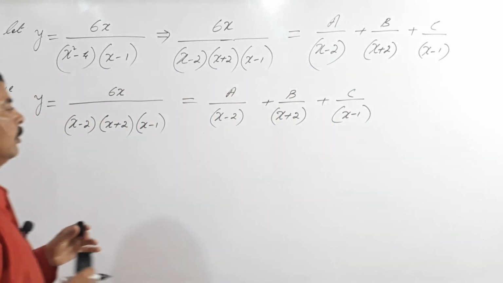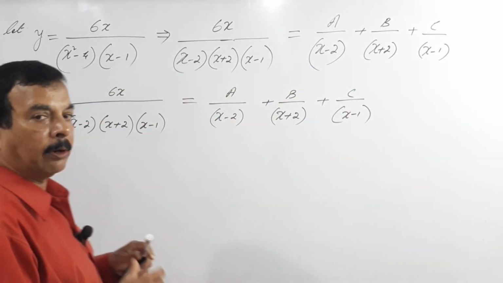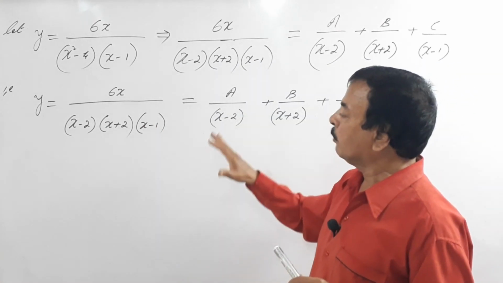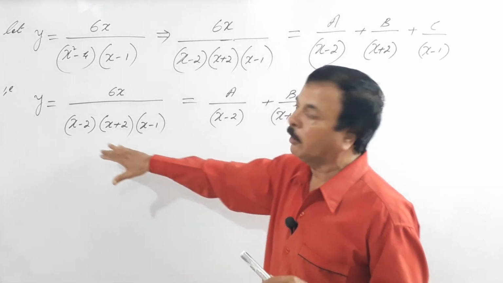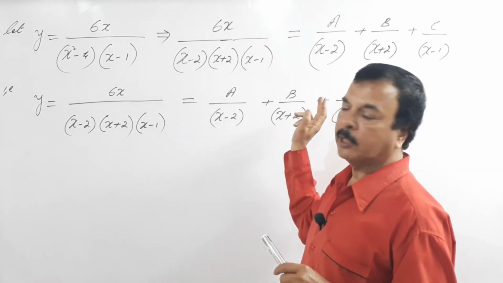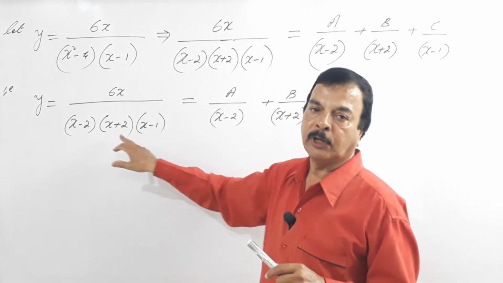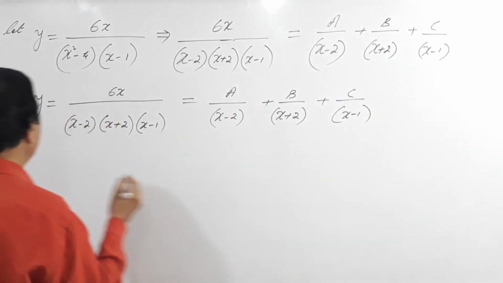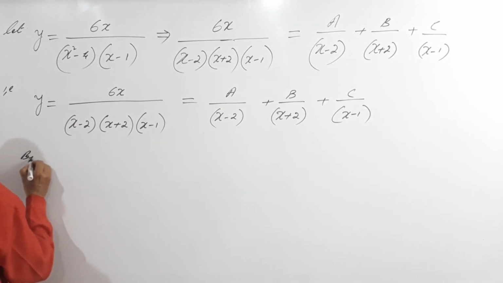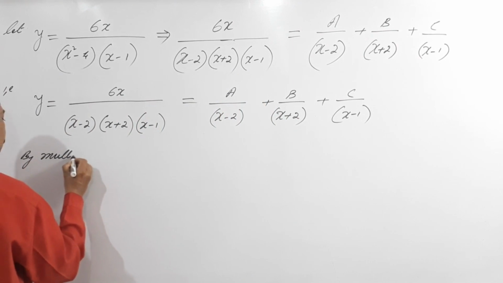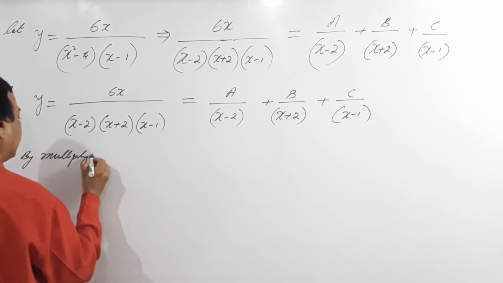So what we are supposed to do now is multiply both sides. I want to get rid of the denominator. So I will multiply both sides by x minus 2 into x plus 2 into x minus 1.